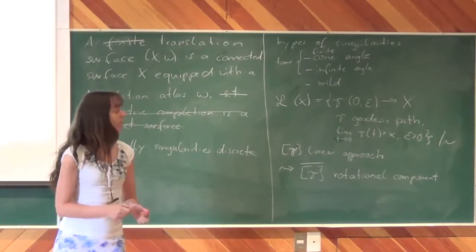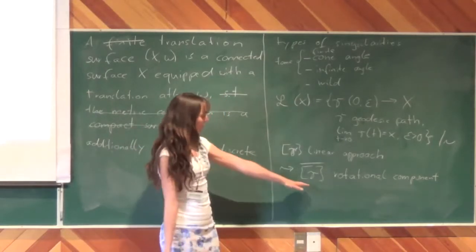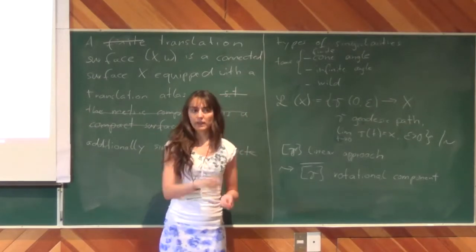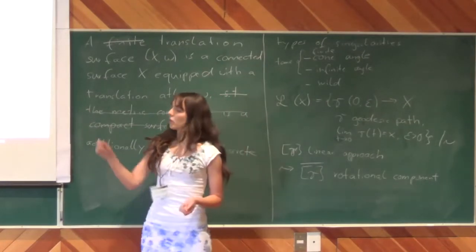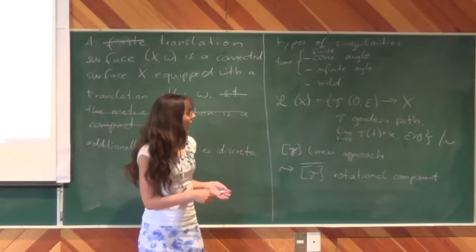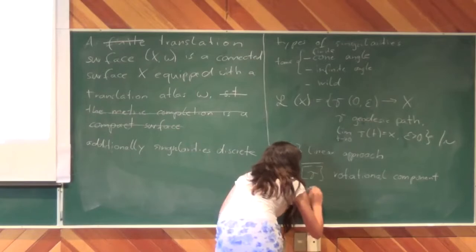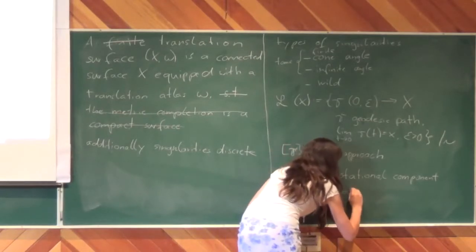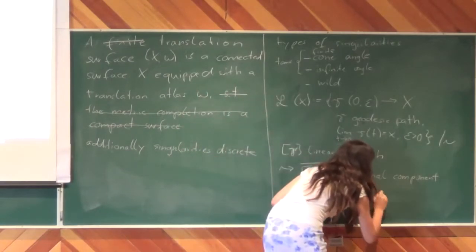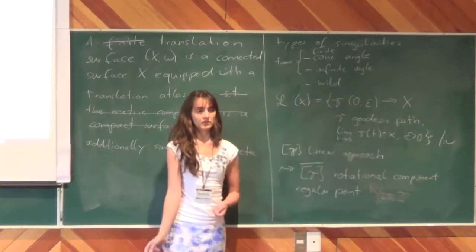What do they look like for regular points? In these rotational components, we have a one-dimensional manifold, and we can measure lengths. So going one time around the singularity or around the point should be 2 pi. And if we look at a regular point, the rotational component just looks like R, but it's the same after going one time around.